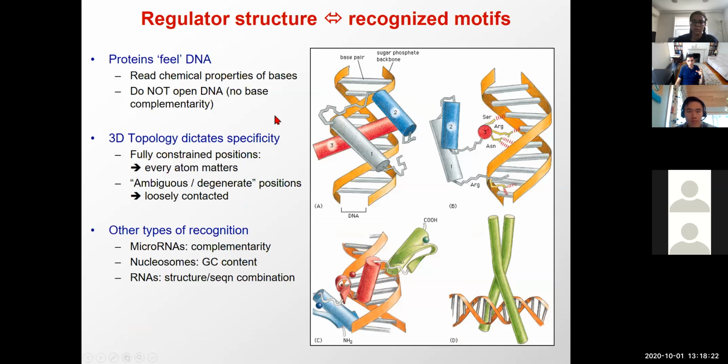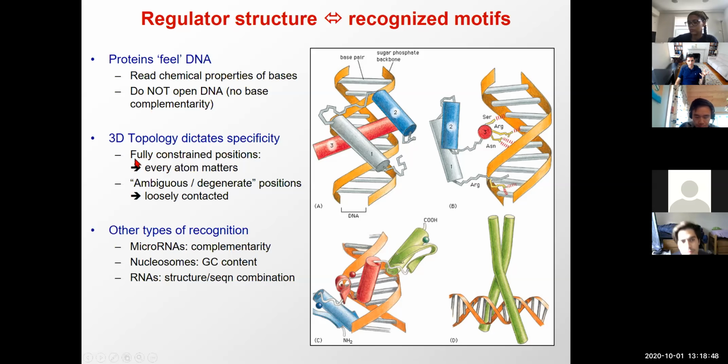So, as I mentioned earlier, RNA-DNA recognition happens by complementarity. You have to open up DNA, and then you feel the individual nucleotides, and then that leads to the sort of complementarity between DNA homologous strands, or between RNA and DNA through strand invasion of the double helix, and so on and so forth. But proteins never actually open up the DNA. They just read the chemical properties of the bases.